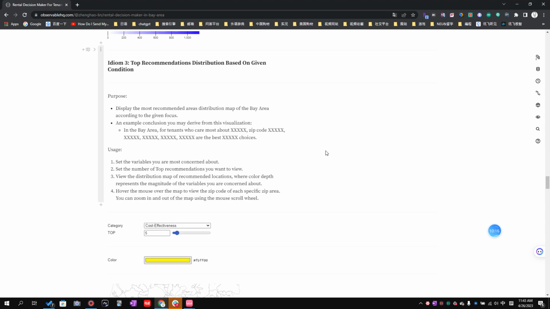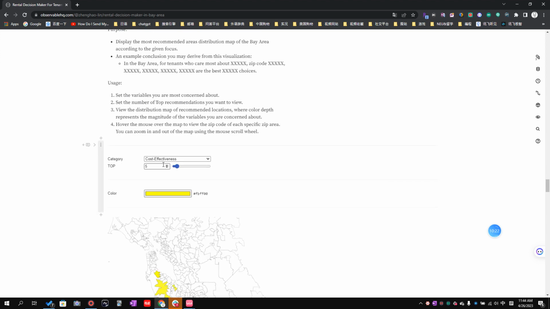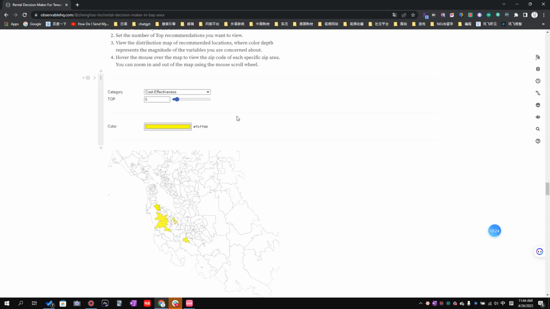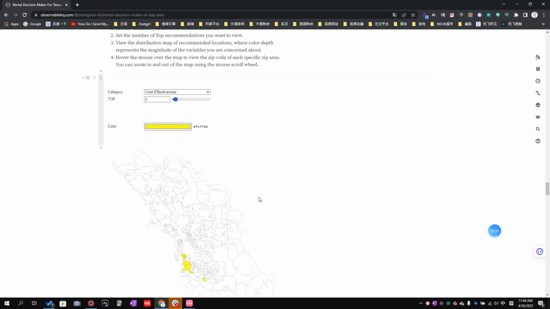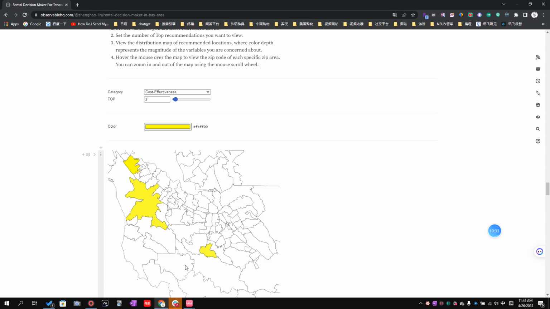And we can also use the third idiom, top recommendation distribution based on given condition. For example, if I want to see the top three recommended areas based on cost effectiveness, I can just set top as three. You can see the top three areas with the top three cost effectiveness are highlighted here.